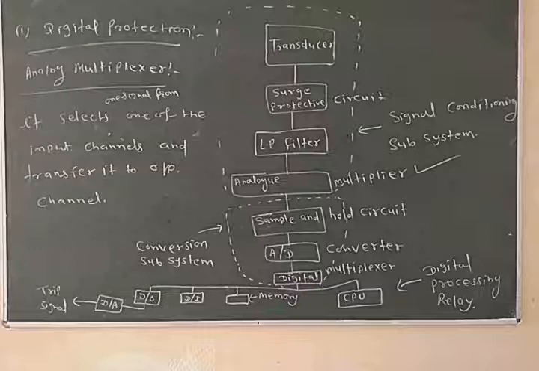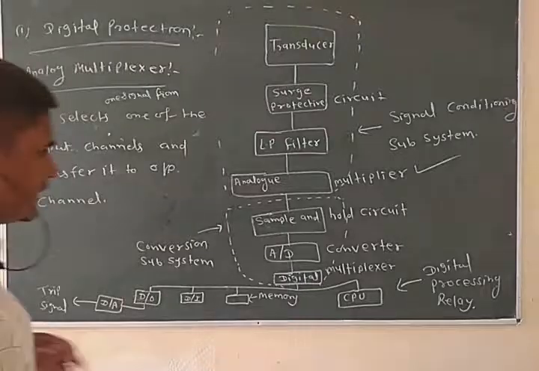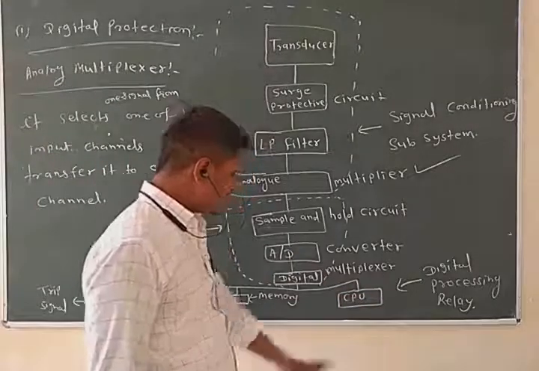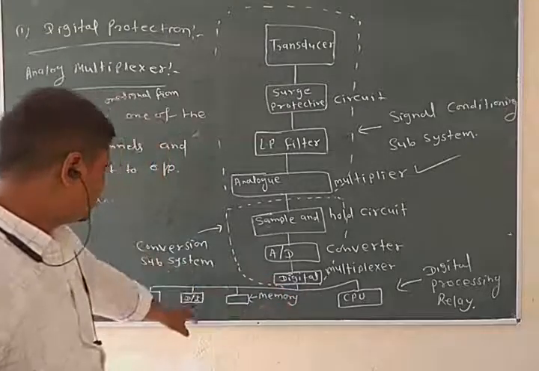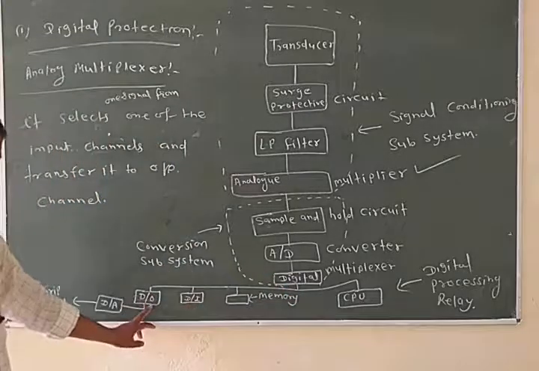When the signal is sampled and held, it goes to the analog to digital converter and then to the digital multiplexer. From the digital multiplexer, the output is selected from the many inputs. Then the signal goes to the digital processing relay, which consists of CPU, memory, digital input, and digital output.